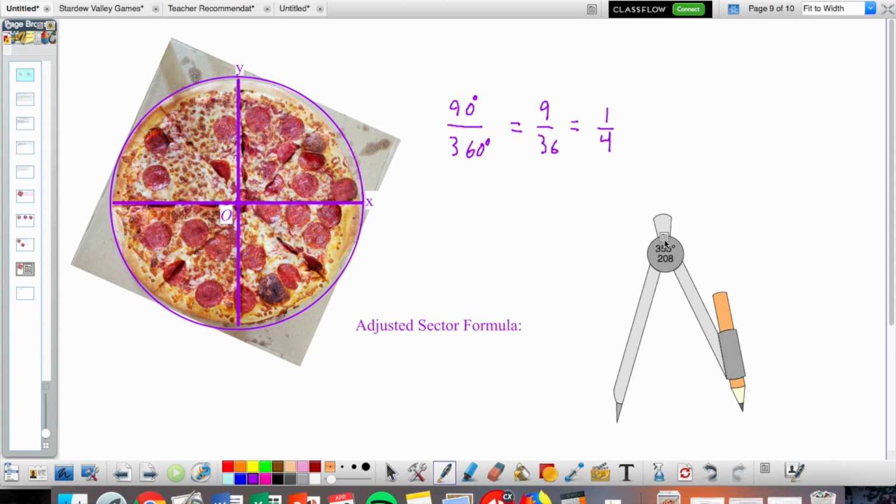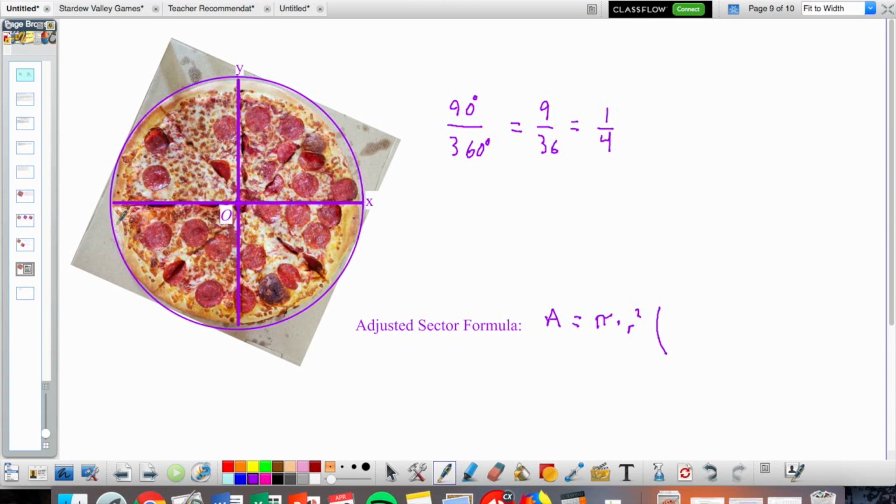So if we were going to generalize it for any given circle, to find the area of the sector is the exact same formula. Pi times r squared, but I'm going to generalize this right here.